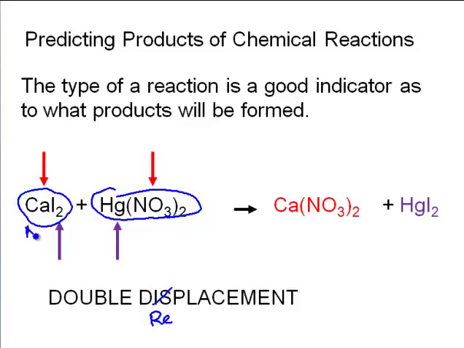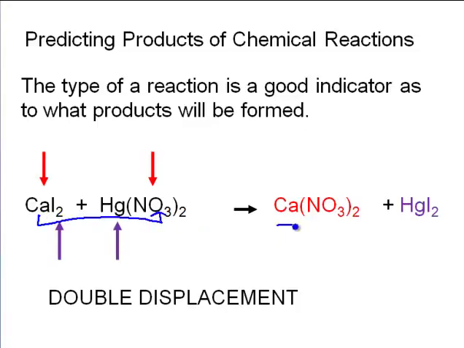Here's my A, here's my B, and this is my C and my D. These two just switch places, okay? So when you have a double displacement, the calcium comes over and hooks up with a nitrate right here, and then the mercury comes over and hooks up with the iodine.